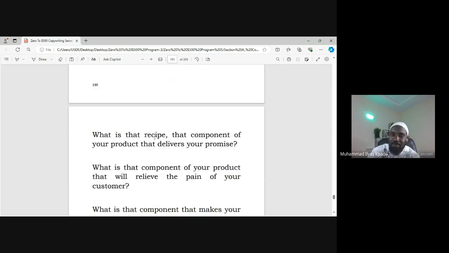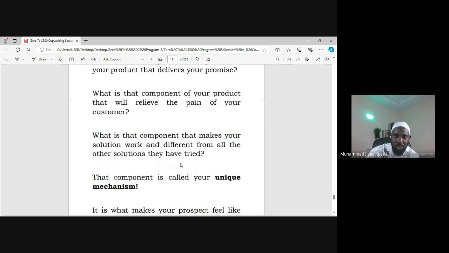What is that recipe? What is the component of your product that will relieve the pain of your customer? What makes your solution work and different from other solutions they have tried? That component is called your unique mechanism.